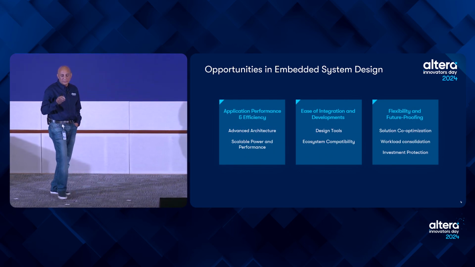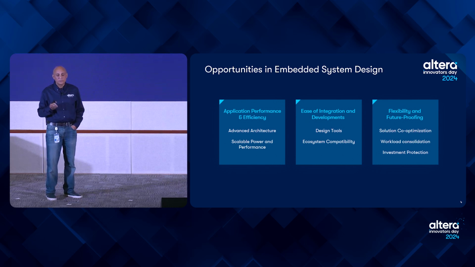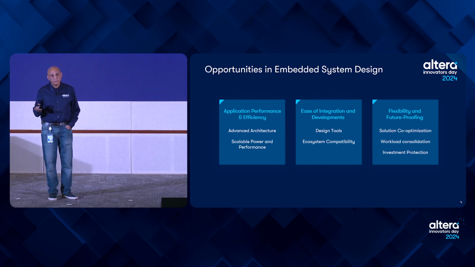One of the things you have highlighted is application performance and efficiency. So one of the things we did is we wanted to make sure that we had a more modern and advanced architecture. So we're coupling the latest ARM cores, at that time, with a fabric which is the highest performing fabric in the industry. So it gives you that advanced architecture to be able to develop your application performance at scale.